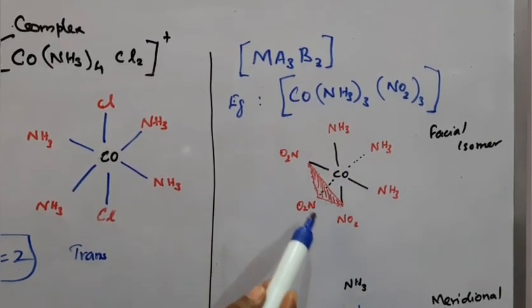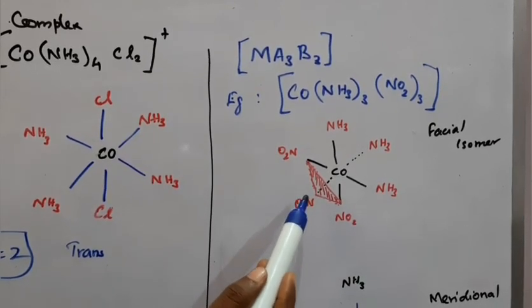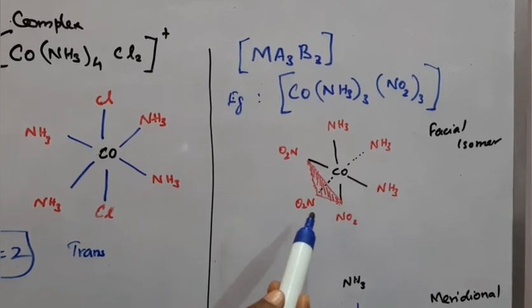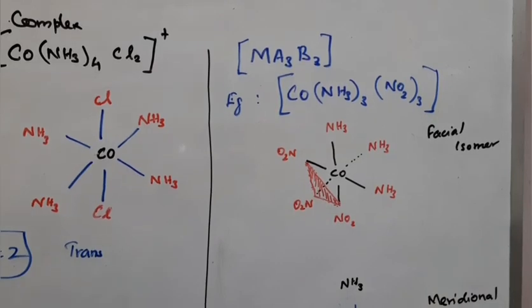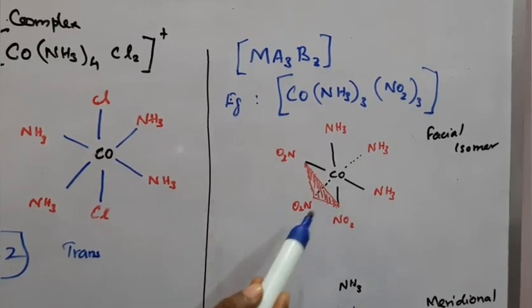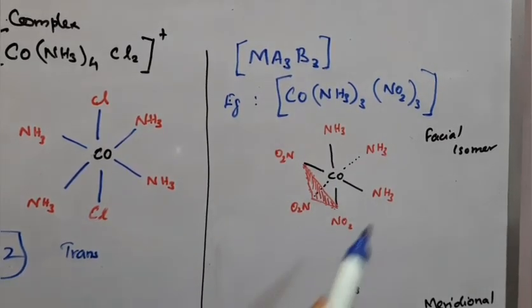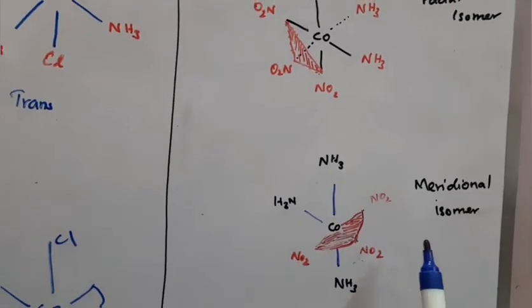When the same donor groups or donor atoms are present at adjacent positions of the octahedral complex, we call that the facial isomer. You see NO2, the same donor groups present at the face of the octahedral complex; that is the facial isomer. Another one is meridional.